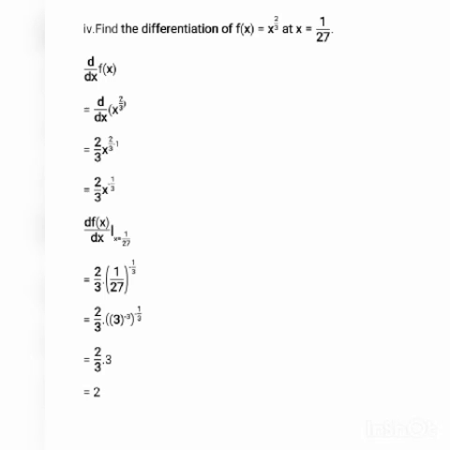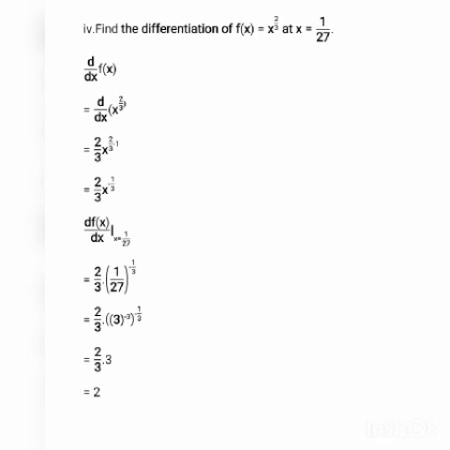Our next problem is find the differentiation of f(x) equal to x to the power 2 by 3 at x equal to 1 by 27. Here we again find the differentiation of f(x) equal to x to the power 2 by 3, which is 2 by 3 into x to the power minus 1 by 3. Now to find df(x)/dx at x equal to 1 by 27, we will substitute x by 1 by 27.